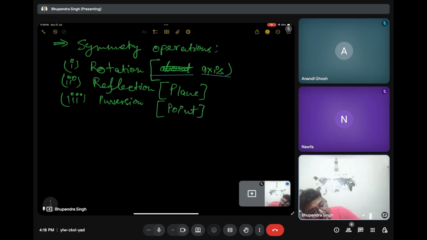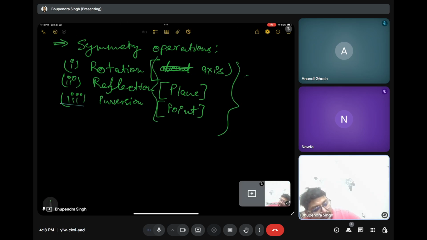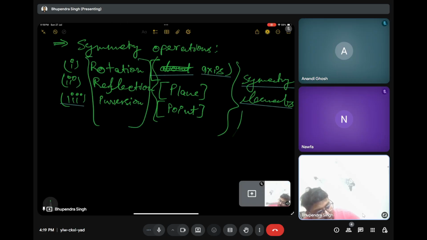So these are what I have already introduced. The things in brackets that I have written are the symmetry elements over which we do the symmetry operations.